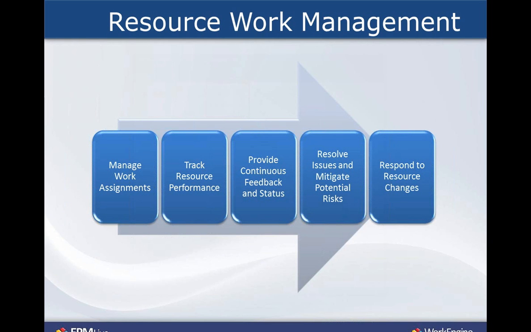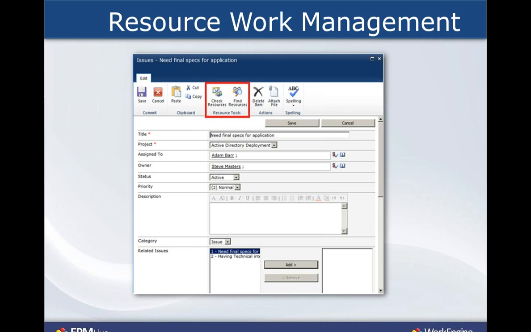We provide a lot of great tools in WorkEngine. For example, you can assign resources not just to tasks in your Microsoft Project Plan or your Gantt chart from our WorkEngine Work Planner, but you can also assign resources to almost any work item in SharePoint. So for example, if you're tracking issues, what if an issue is significant, that somebody may have significant effort they have to apply towards?